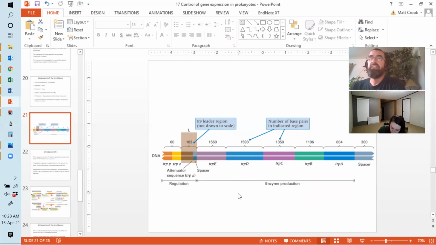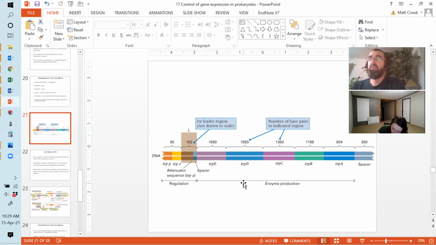This leader region is transcribed, and it encodes a polypeptide.